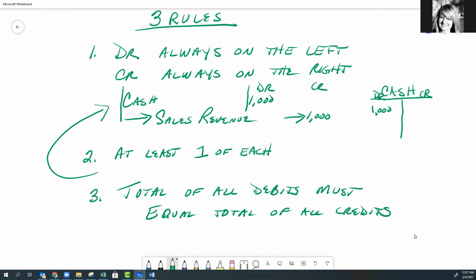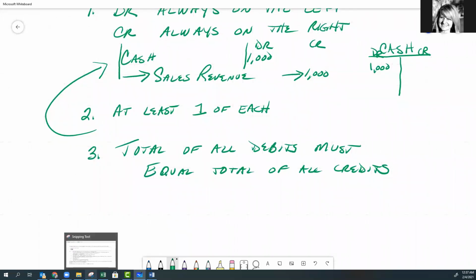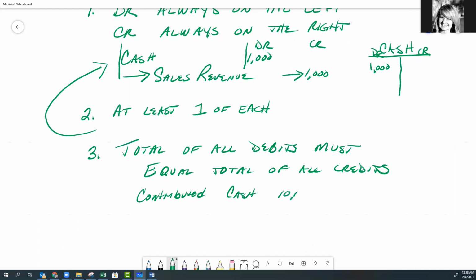So, for example, let's follow all 3 of these rules. Let's say that we want to write a journal entry where the owner contributed cash of $10,000 and equipment of $20,000 into the company in exchange for common stock.